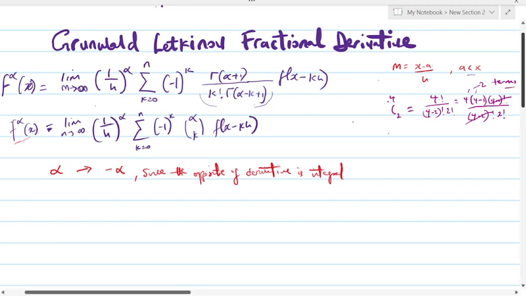If you also have 4 combination 1, we have 4 factorial over 4 minus 1 factorial and then 1 factorial. By the time we expand this, we have 4 into 4 minus 1 factorial over 4 minus 1 factorial, 1 factorial, and this will cancel this.